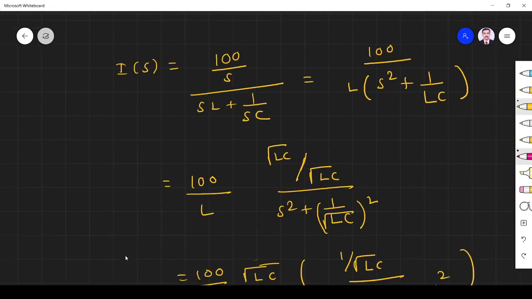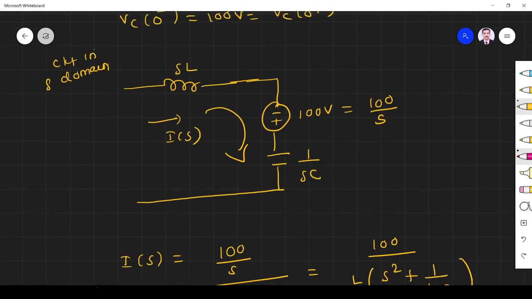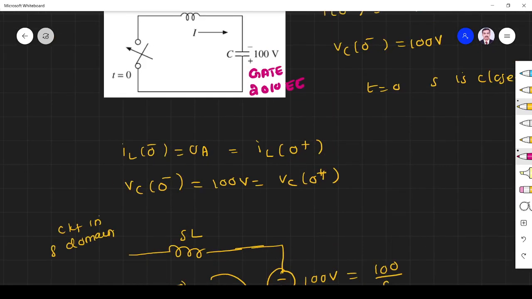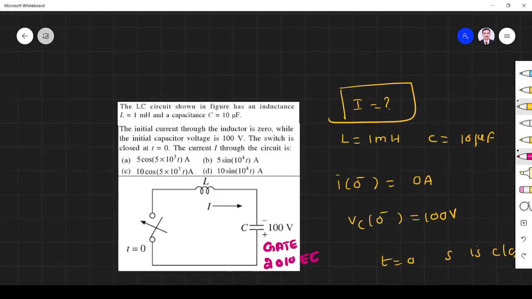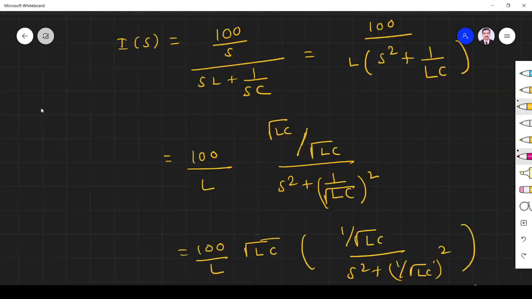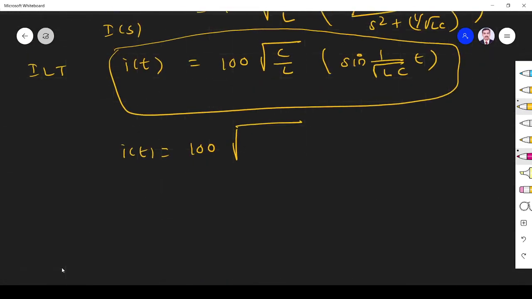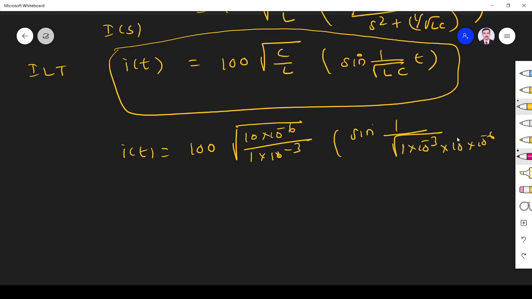Let us see, C is 10 microfarad and L is 1 millihenry. So it is 10 into 10 power minus 6 divided by 1 into 10 power minus 3, sine of 1 by root of L, 1 into 10 power minus 3, C is 10 into 10 power minus 6, t.